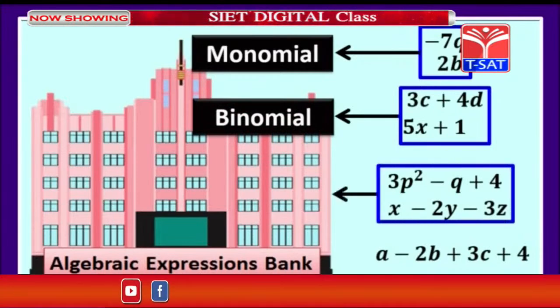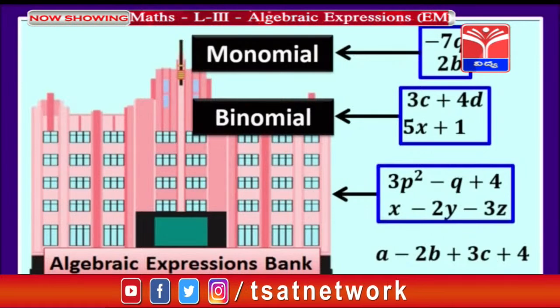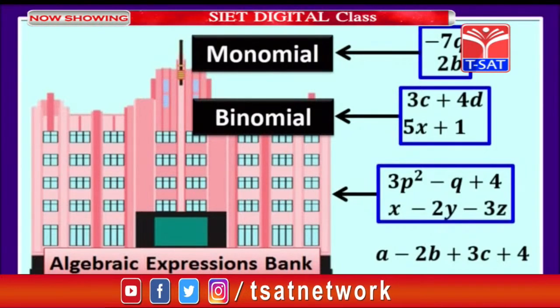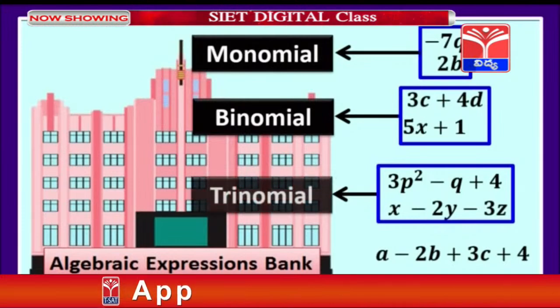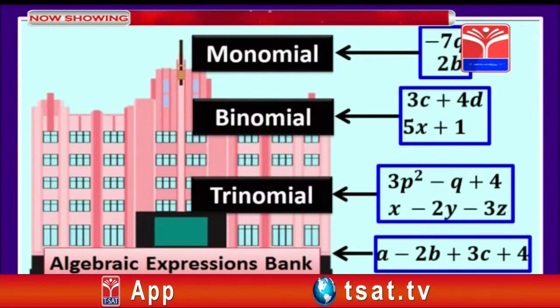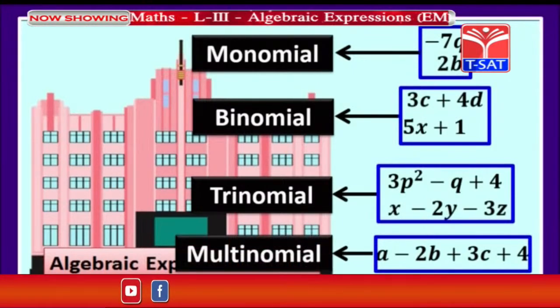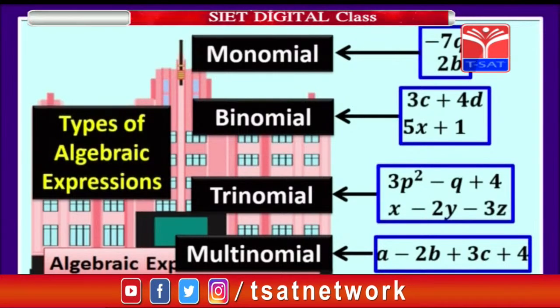And the third one, that is 3p square minus q plus 4 and x minus 2y minus 3z, they have 3 terms each and we call it a trinomial. And the last one, it has 4 terms. We call it a multinomial. Now these all, monomial, binomial, trinomial, multinomial, are called the types of algebraic expressions.